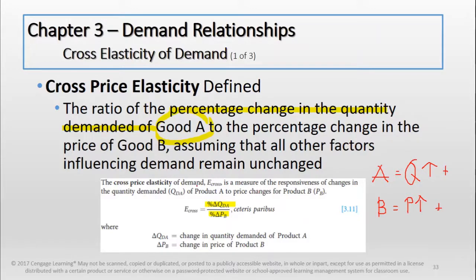Remember, the elasticity is an absolute value. Now, why does it show up as negative or positive? The negative or positive just identifies whether it is an increase or a decrease; it indicates the direction.